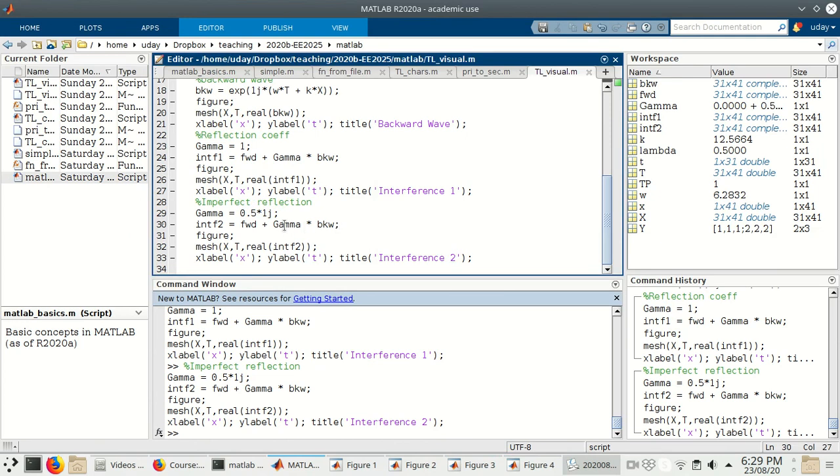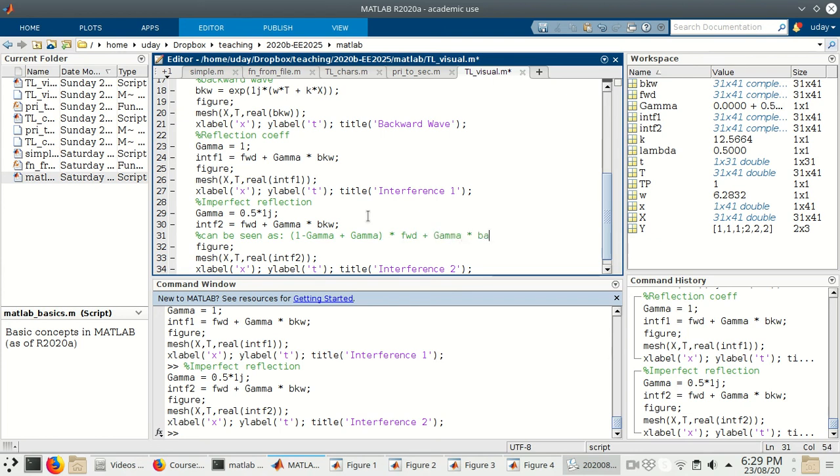You can see that because gamma is not 1, I can write this expression INTF2 as the sum of, maybe I can just write this down in the comments over here, gamma, let's put a colon over here so that you don't get confused. I can add and subtract gamma, right? So I can write this as 1 minus gamma times forward, plus gamma times forward, plus gamma times backward, right?